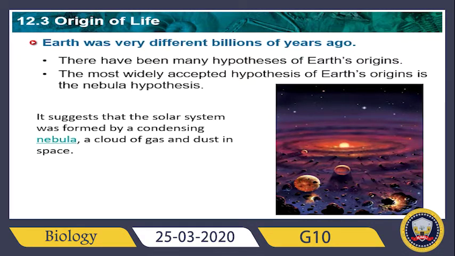This theory suggests that about 4.6 billion years ago, the sun formed from a nebula, and over time most of the material in the nebula came together because of gravity. Materials that remained in the nebula's disk circled the newly formed sun. Over millions of years, repeated collisions of these space particles built up into the planets of our solar system.